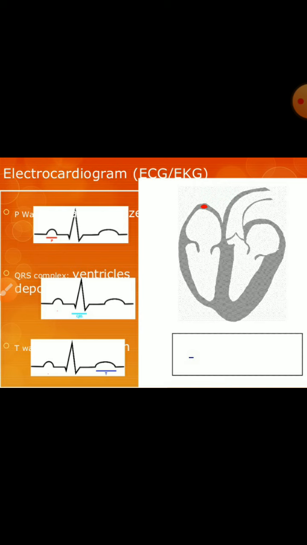So in this instrument, each of the 12 ECG leads records the electrical activity of the heart from different anatomical areas of the heart. This instrument, electrocardiograph, was discovered by a Dutch physiologist known as William Einthoven in 1901, who is also known as father of electrocardiography.